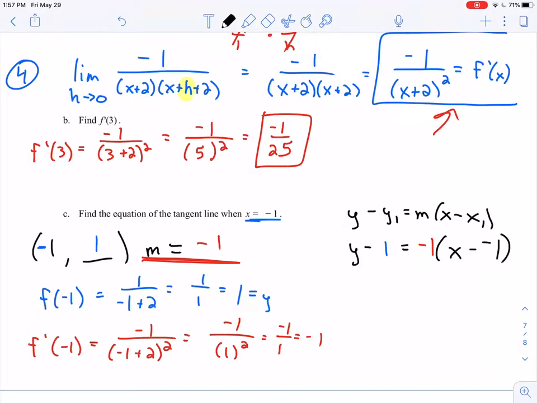Let's solve it for y. I usually solve it for y just to get it in slope-intercept form. So minus a negative is plus a positive. y minus 1 equals -x minus 1. Add 1 over, and I have y equals -x. So this is the equation of my tangent line at x equals -1.